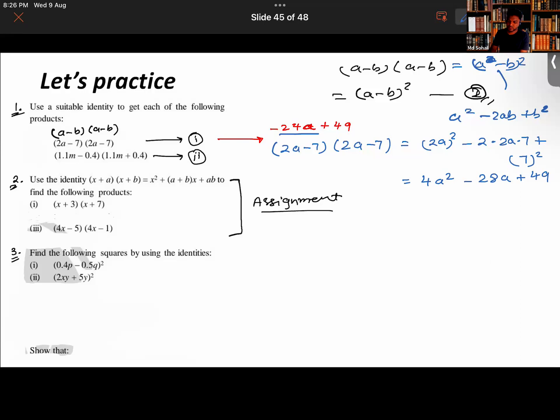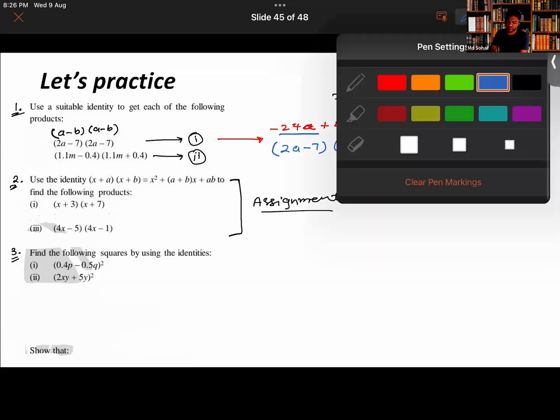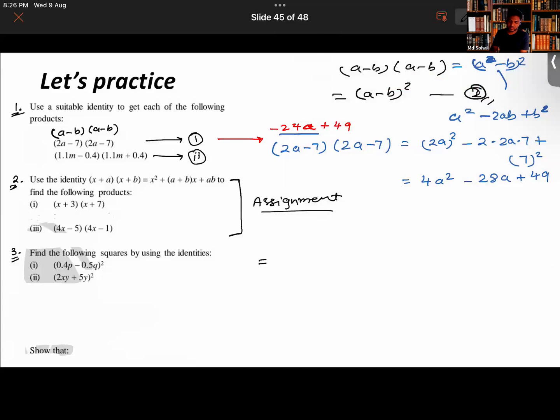Can you solve it again? I didn't understand. Okay, sure, I will solve it again. The question here is 2a minus 7 multiplied by 2a minus 7. First write the a and b here. A here is 2a, b here is 7. Include the sign also with the value here. We know the formula: a square minus 2ab plus b square.